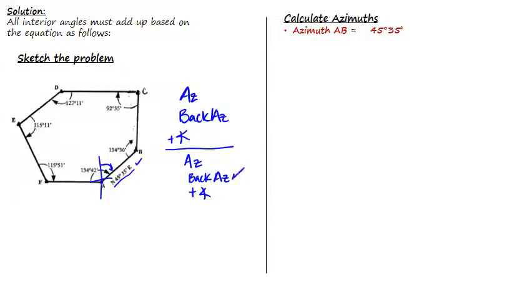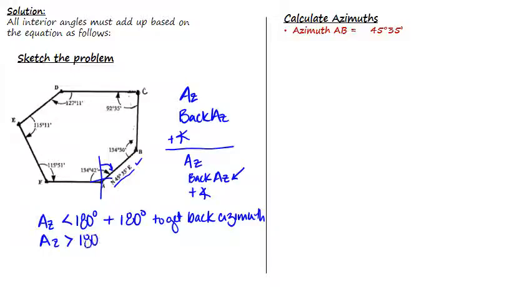Remember, for the back azimuth, if the azimuth is less than 180 degrees, then we're going to add 180 degrees. But if the azimuth is greater than 180 degrees, then we're going to subtract 180 degrees to get the back azimuth. So here's the process.